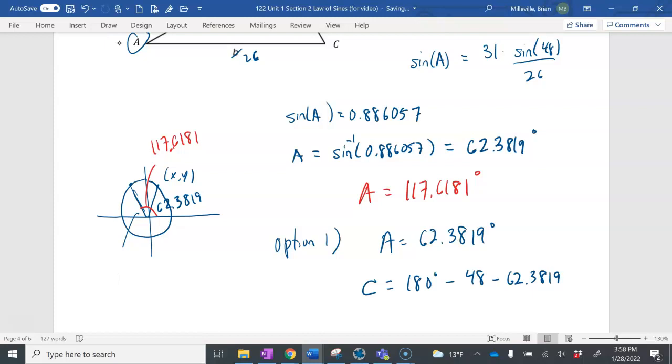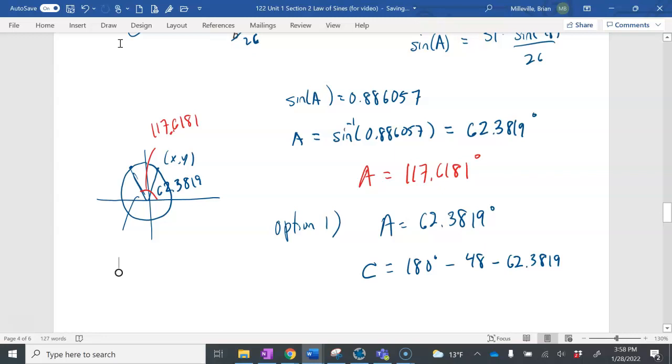Let's compute and see what that gives us for the missing angle. And what we're seeing is that angle capital C is 69.6181 degrees. Okay, so that's one of the possibilities.